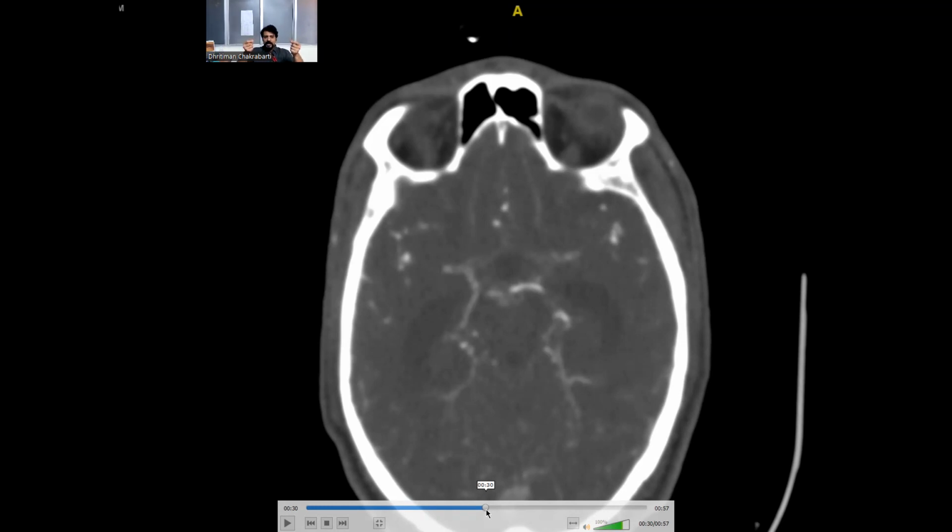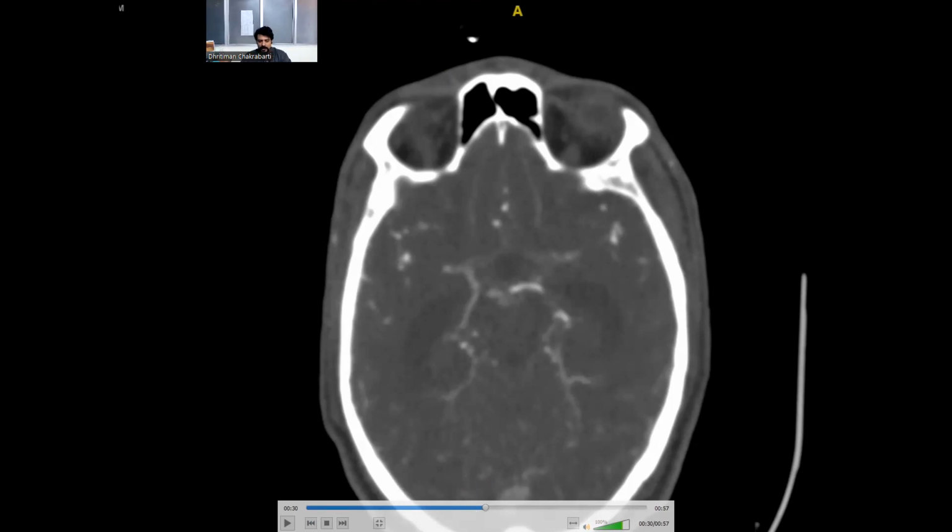After that, the artery will continue and loop over the insular cortex into the Sylvian fissure. Before it loops into the Sylvian fissure, it is known as the M2. After it has made the 90-degree turn into the Sylvian fissure, it is known as M3. After that, it breaks up into multiple cortical branches. That is the M4.